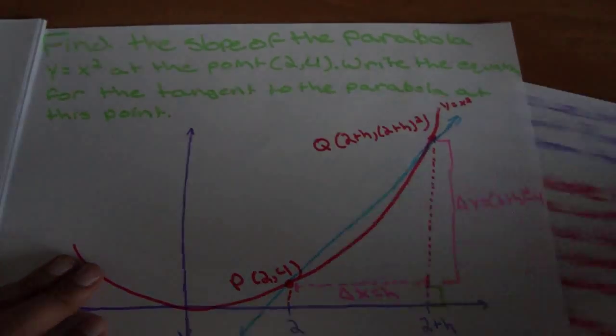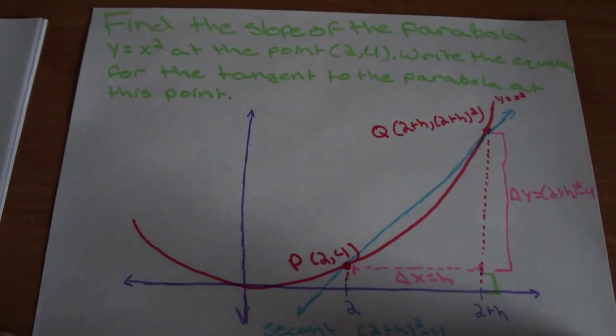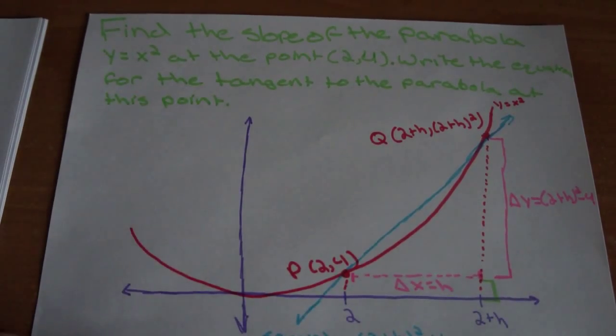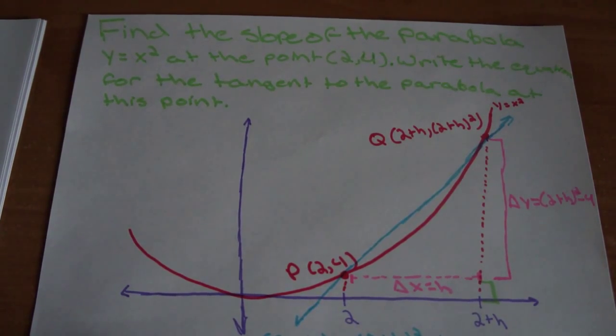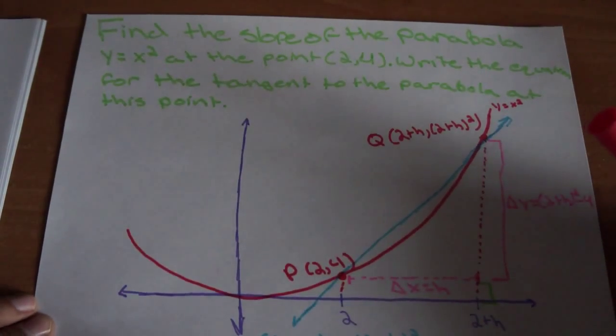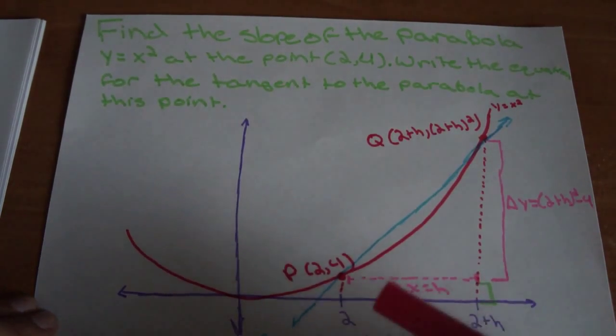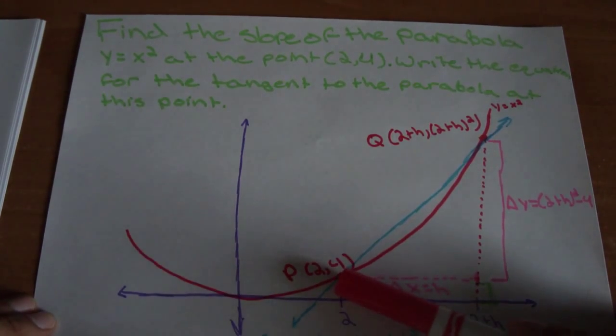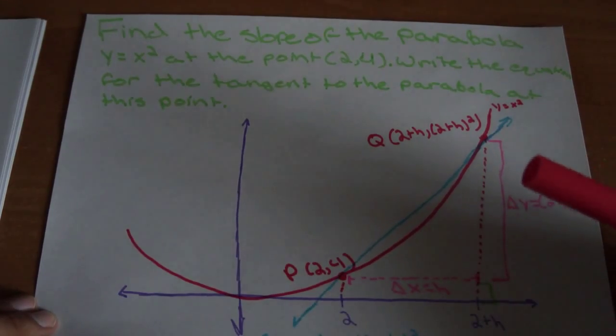The first question asks us to find the slope of the parabola y equals x squared at the point (2, 4) and write the equation for the tangent to the parabola at this point. Here's the graph for y equals x squared, and we have point P, which is (2, 4), provided in the question.